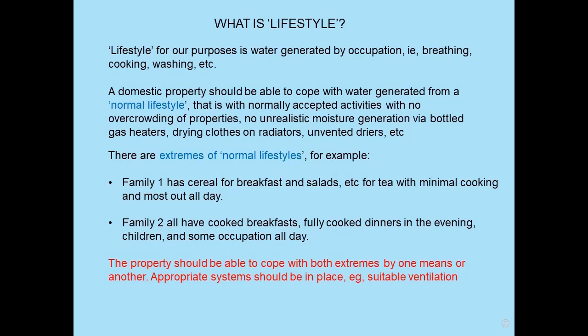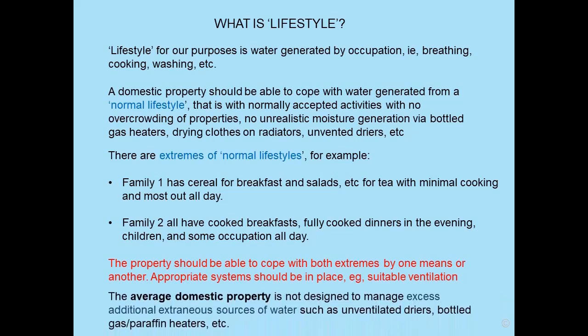The property should be able to cope with these extremes by one means or another, and appropriate systems should be in place, especially suitable ventilation. The average domestic property is not really designed to manage additional extraneous sources of water, such as unventilated dryers, etc.